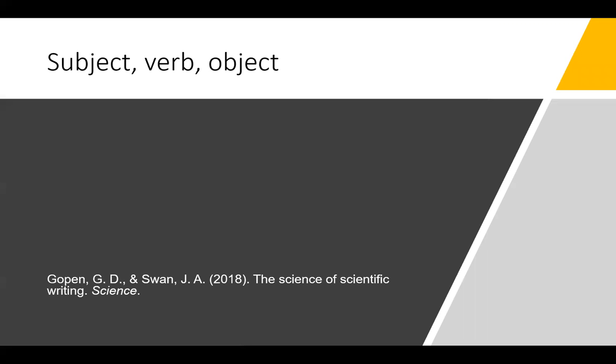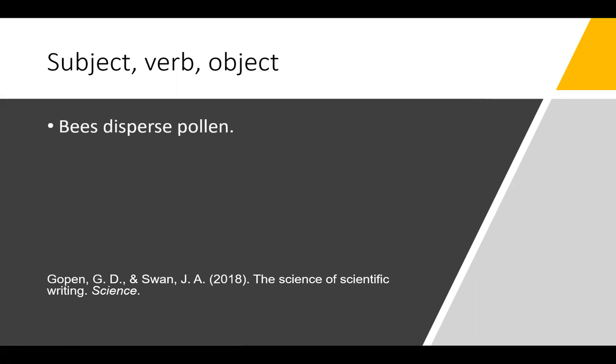So I want to show you an example to make you think about how we can make our writing more clear. So this subject verb object idea is a way of writing that is known to be easier for readers to understand. And scientists who believe in research in clarity and precision, and all of us who believe in research in clarity and precision, should be bringing that science of cognitive psychology to our writing.